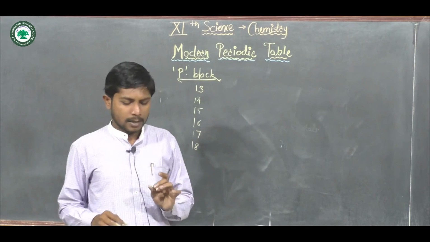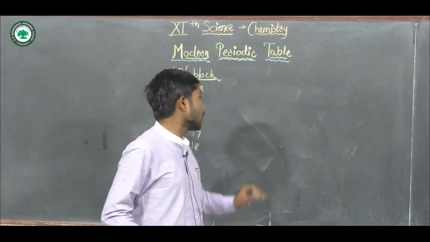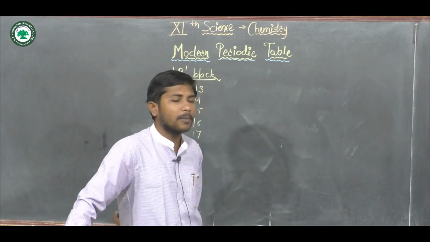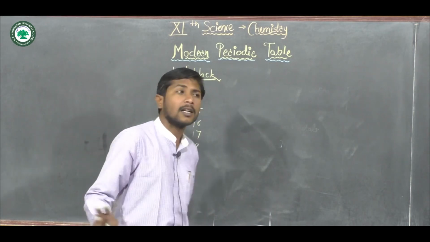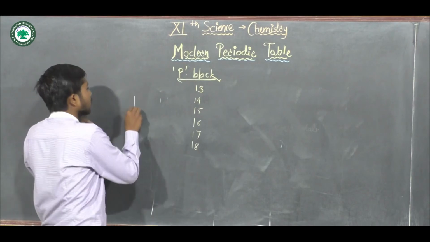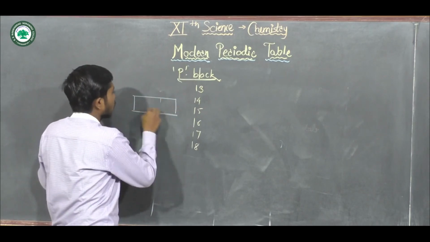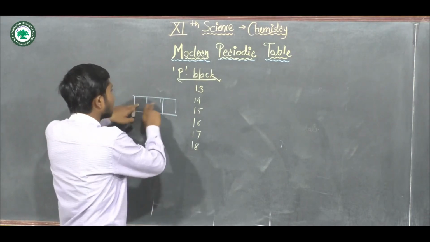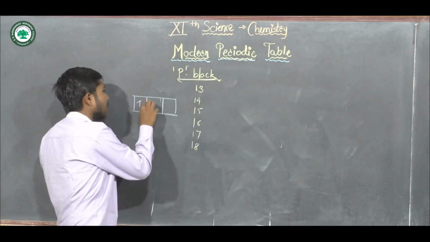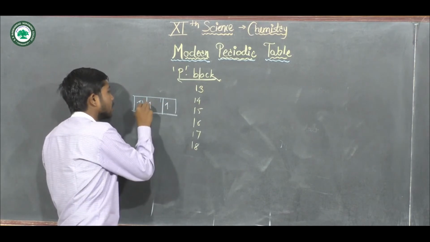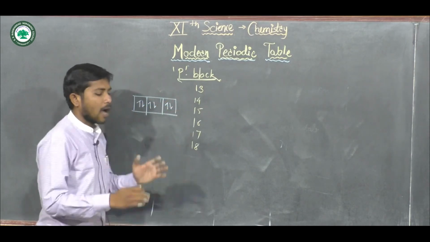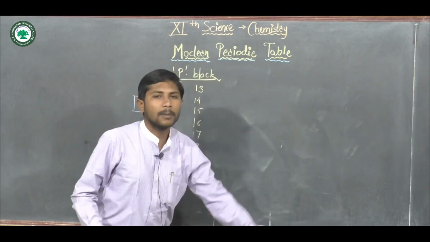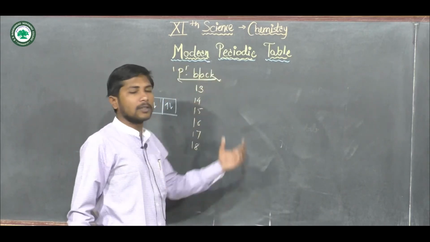We have already seen the reason behind the presence of 6 groups. As we know, the p subshell has 3 degenerate orbitals, where it can accommodate 6 electrons, and as the electrons fill up, the periodic table proceeds along these groups.